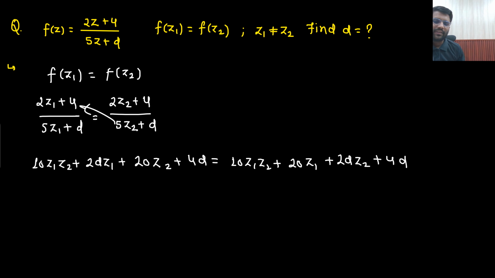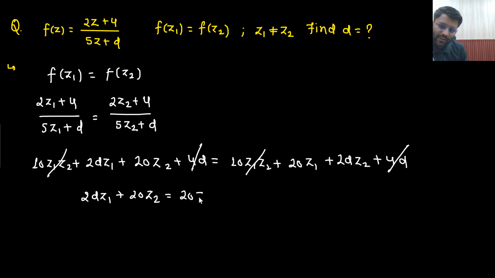Simply cross multiplication I have done, nothing else. 4d getting cancelled out. 10 z1 z2 getting cancelled out. From here what you are getting? 2d z1 plus 20 z2 is equivalent to 20 z1 plus 2d z2.